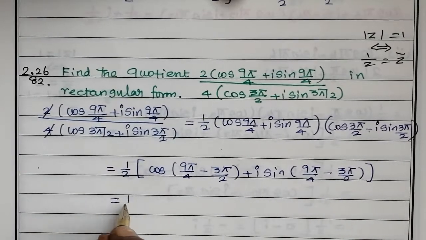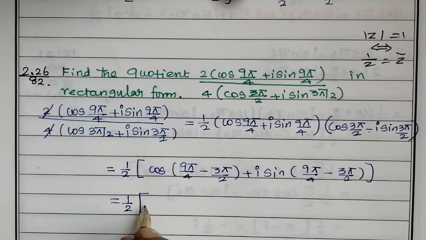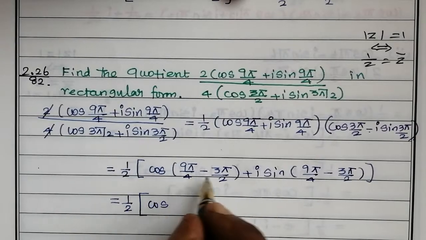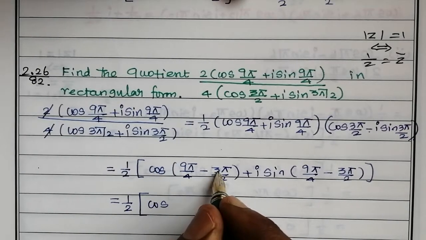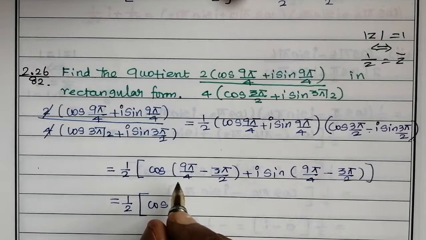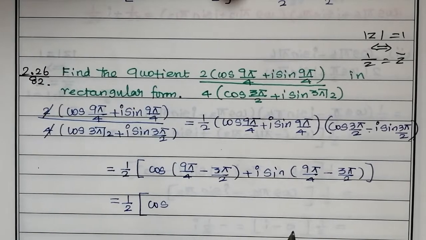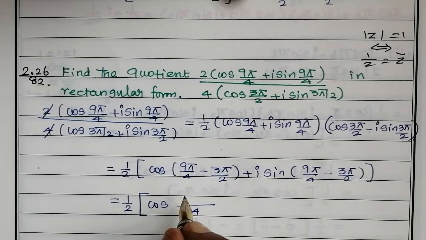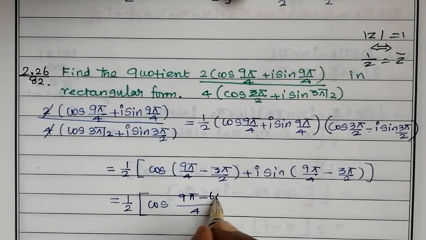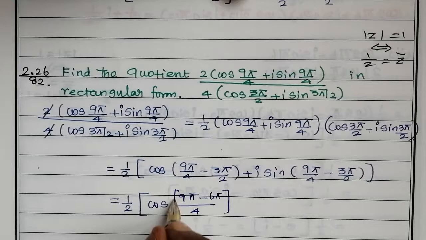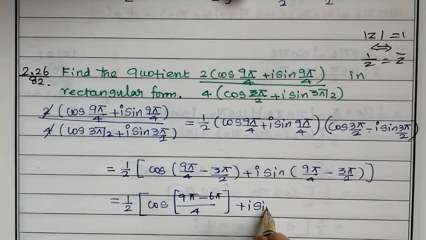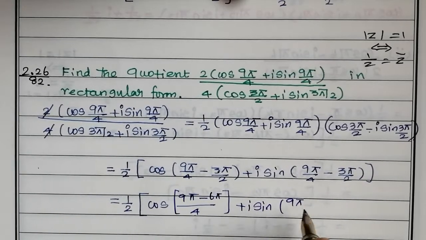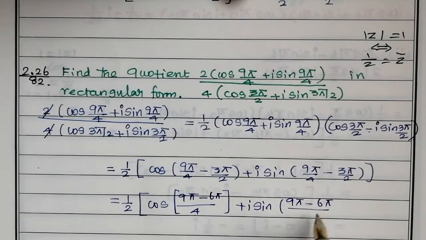Okay, the next one, 1 by 2 into cos of, the LCM is 4, so this is cos of (9π minus 6π) divided by 4, plus i into sin of (9π minus 6π) divided by 4.